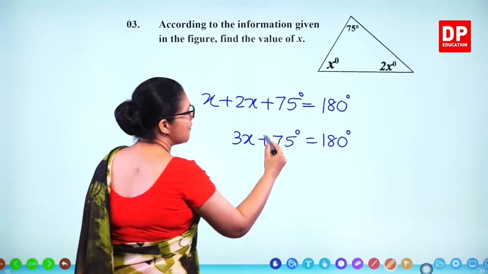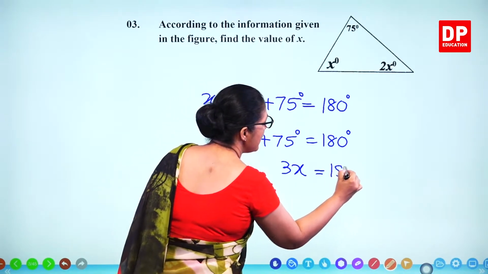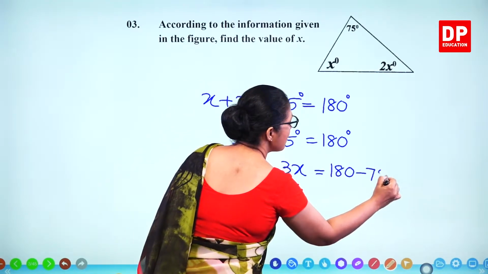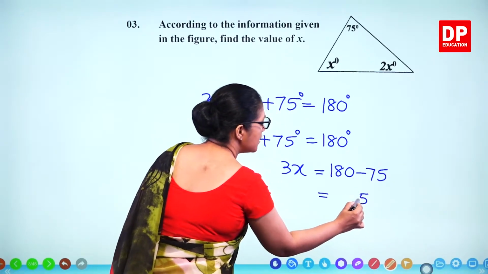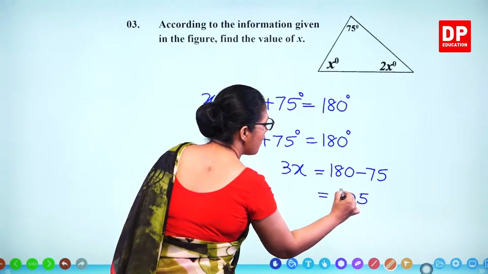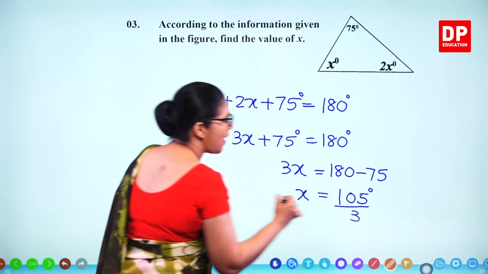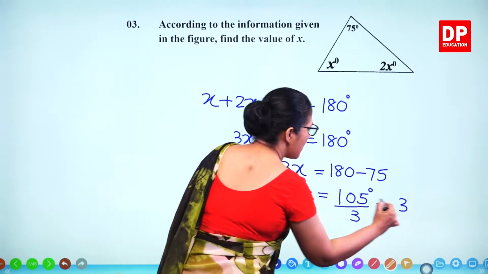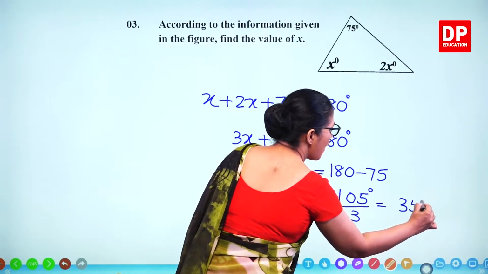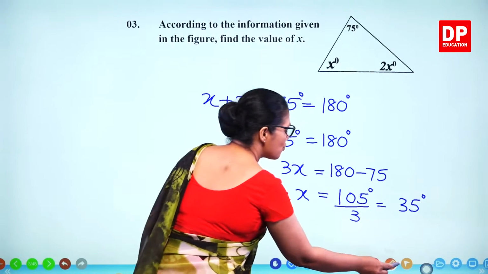Then take 75 to the other side. 3x becomes 180 minus 75. So you get 105. So what is x? Divide 105 by 3. So 3 times 35 is 105, that's 35 degrees. So 2 marks for that.